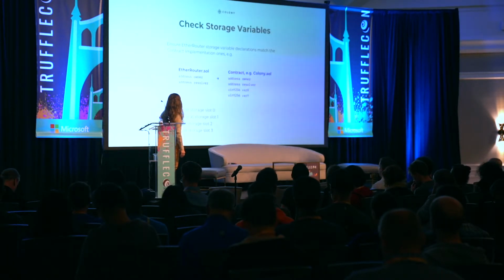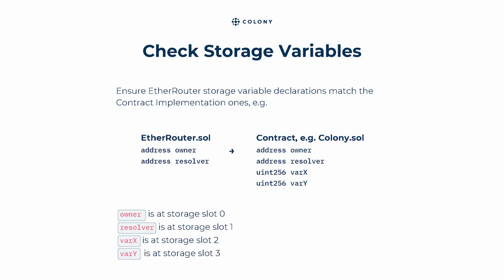And then the second point, which you may have guessed, revolves around storage and how that works with superimposing storage onto e-router. What we have to keep in mind is that every contract that e-router worked with and was wired to work with had to match the storage reference layout of the e-router.